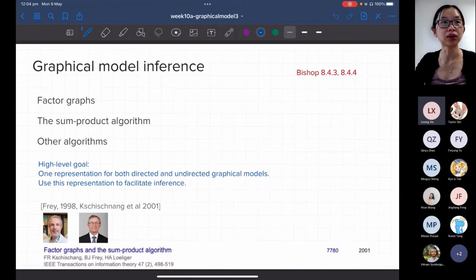So this is what we are going to talk about. As hinted in the first graphical model session, we are covering three types of graphical models, and the last type is called factor graphs.